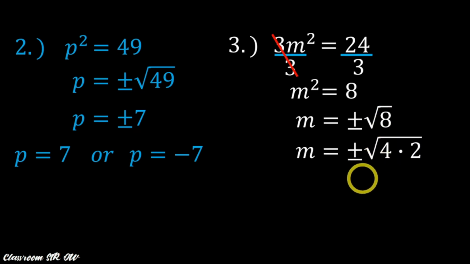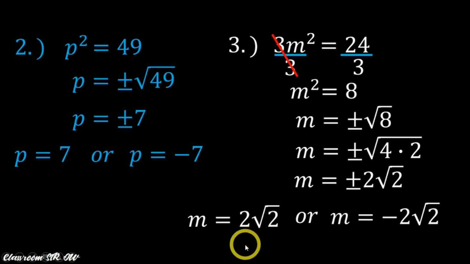And that is, of course, 4 times 2. If you notice, 4 times 2 is equal to 8 and 4 is the greatest perfect square for 8. So, getting the square root of 4, we have positive negative, square root of 4 is 2, square root of 2. So, there are two values of m, which is m is equal to 2 square root of 2 or m is equal to negative 2 square root of 2.